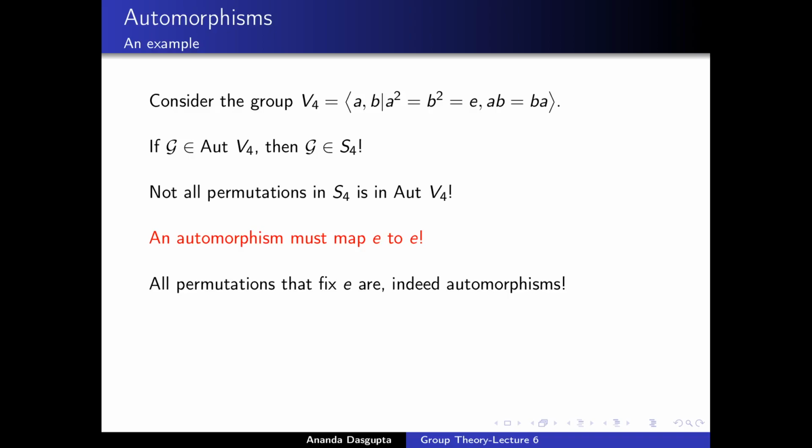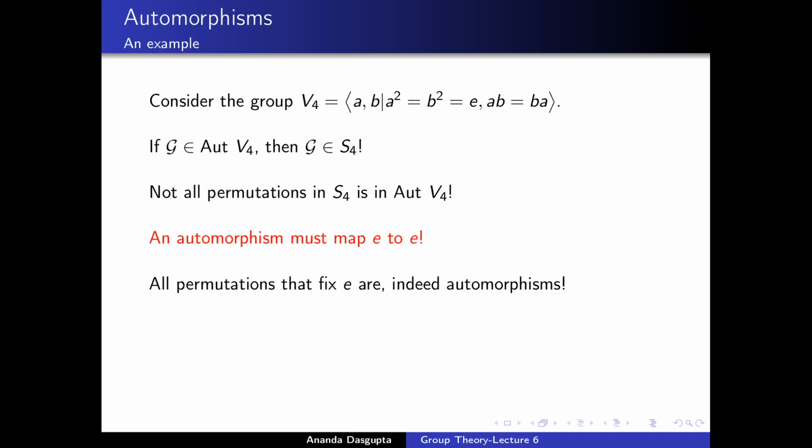Note that what we are demanding is that whatever curly G is, when curly G acts on A, it must produce something which squares to the identity, simply because A squared also squares to the identity, and that is what a homomorphism will demand.